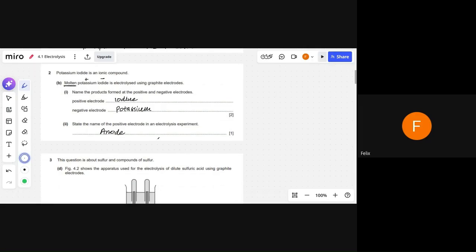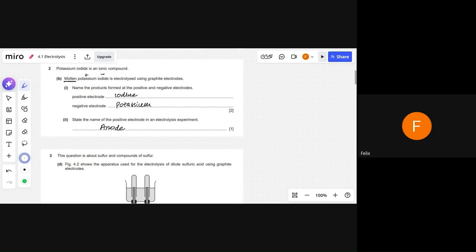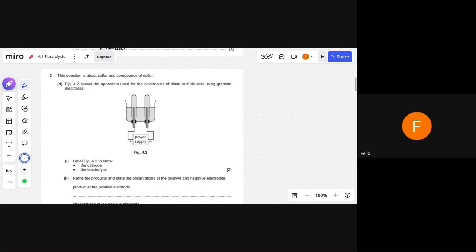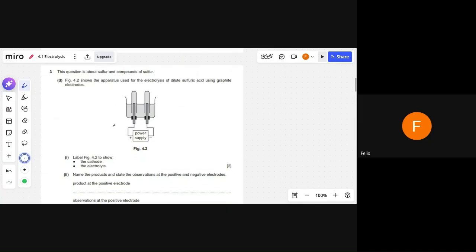So now we move on to the next one. This question is about sulfur and compounds of sulfur. Name the products and state the observations at the positive and negative electrodes. The word dilute here shows that there is involvement of water, and sulfuric acid is being electrolyzed.